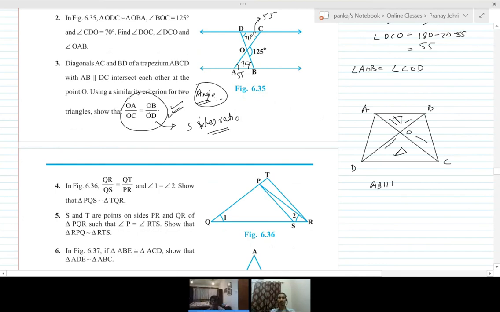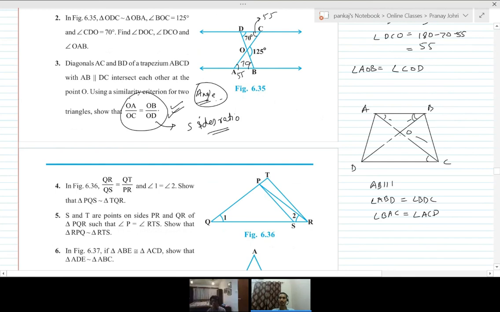Angle ABD and BDC are equal because alternate interior angles, and angle BAC is equal to angle ACD.